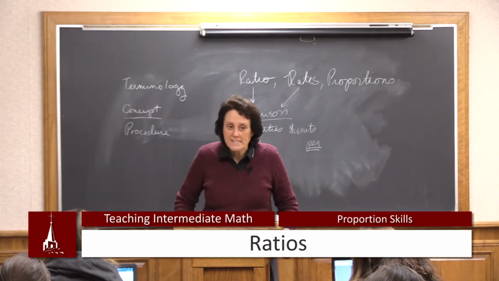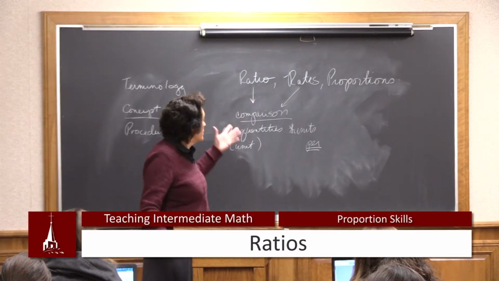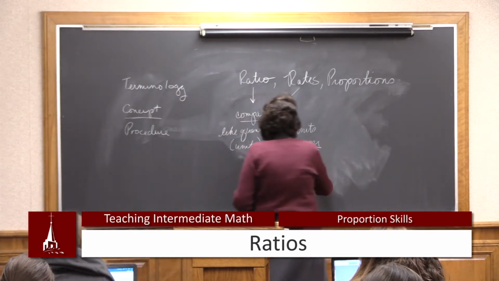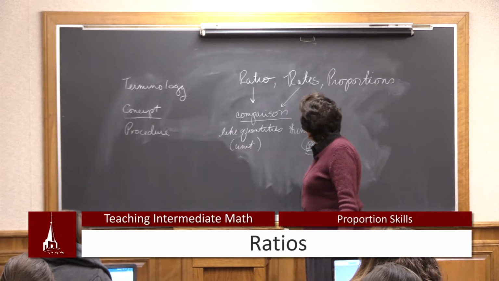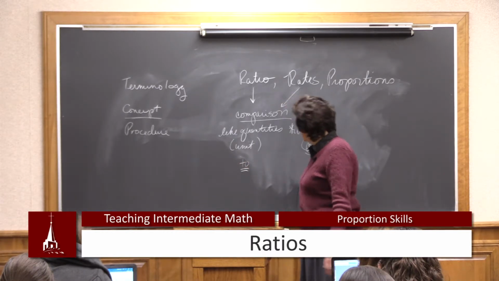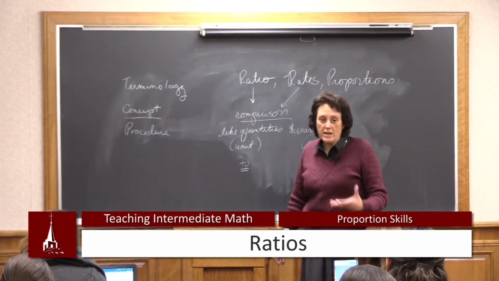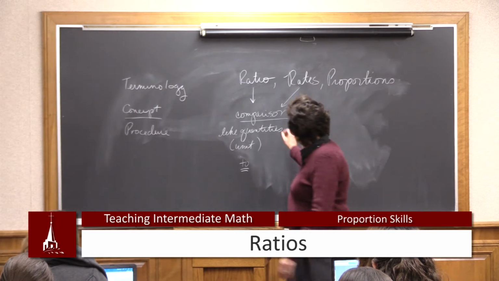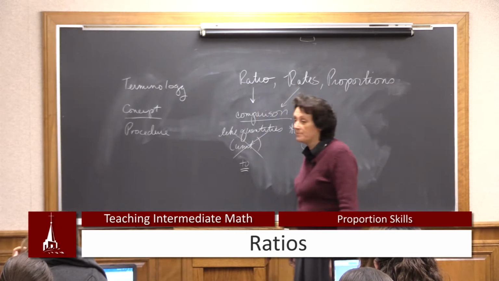So those are rates. Basically, they're both comparisons. And we usually use per for a rate. We usually use to for a ratio. And with the ratio, they're like quantities, so we don't consider the unit.